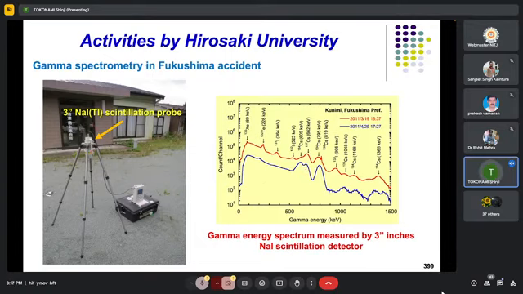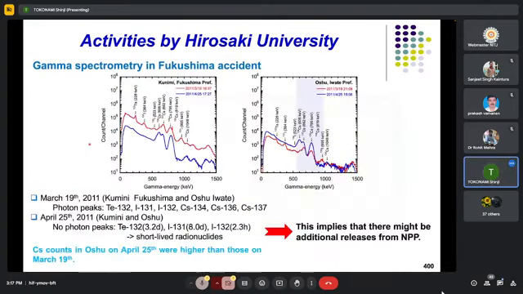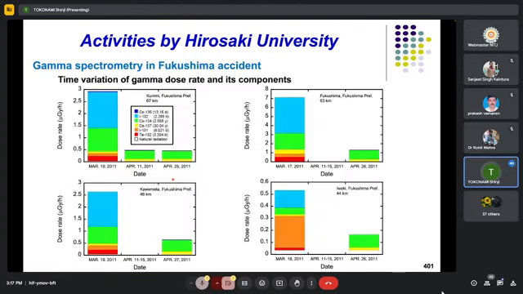We used a 3-inch sodium iodide scintillation detector. So we examined the fraction of gamma dose rate.